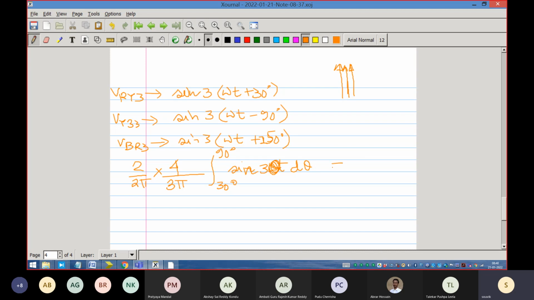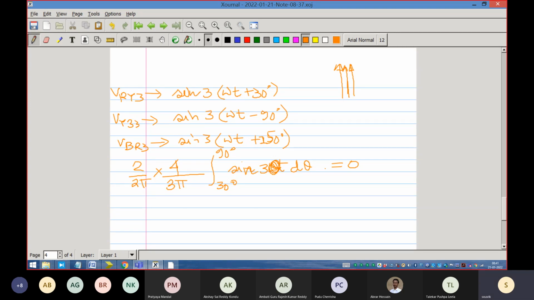So the third harmonic component will not be present in the waveform. From our common sense we can also find that the third harmonic component is absent in this.